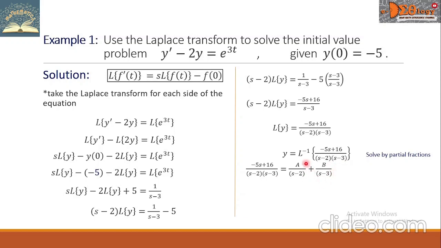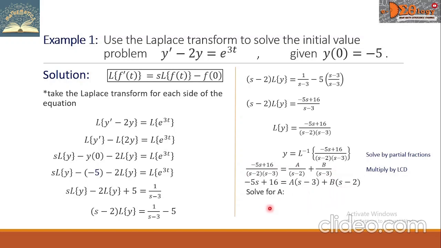Then let us solve for a and b respectively. We're going to multiply this equation by the LCD. Remember that the LCD here is the denominator of the fraction on the left side. By doing so, the new equation becomes like this.